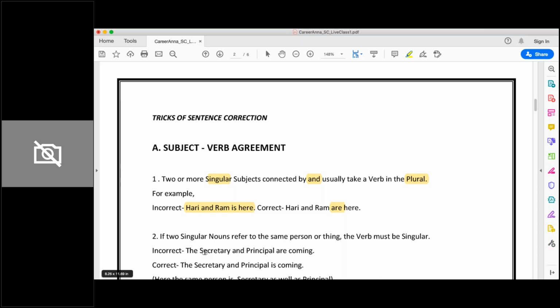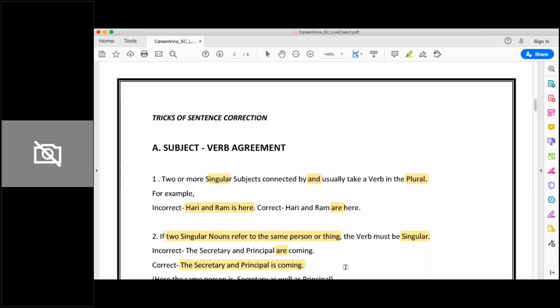The verb they use for secretary and principal, despite the fact that they are connected by "and," will be singular. If the two singular nouns refer to the same person or thing, my verb needs to be singular. In this case, "the secretary and principal is coming," not "the secretary and principal are coming."